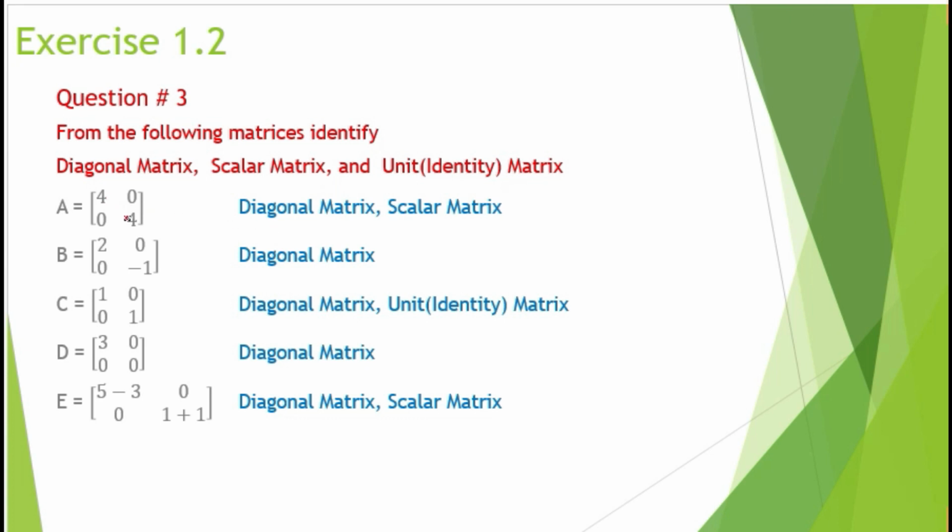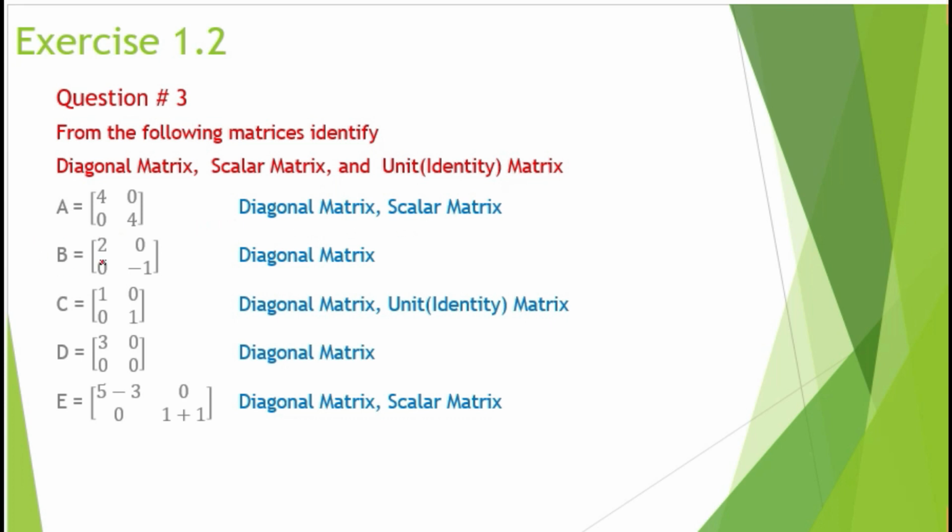So we know that when diagonal entries are non-zero and non-diagonal entries are equal to 0, then the matrix will be a diagonal matrix. So it's a diagonal matrix, but it's also a scalar matrix, because we know that in a scalar matrix diagonal entries must be the same. So here 4 and 4 are the same, so it's also a scalar matrix.